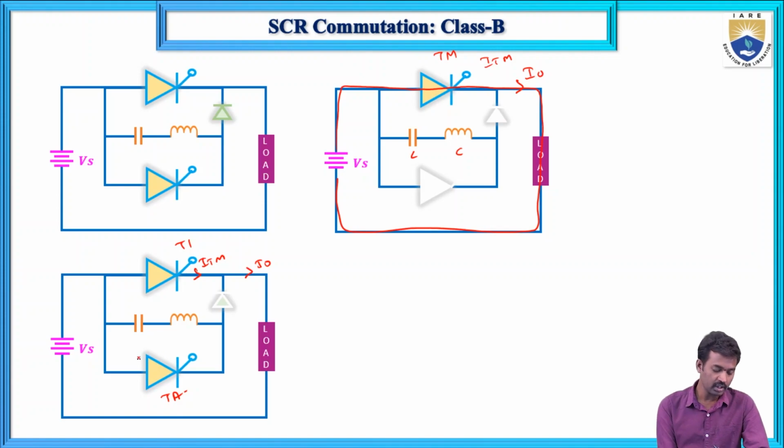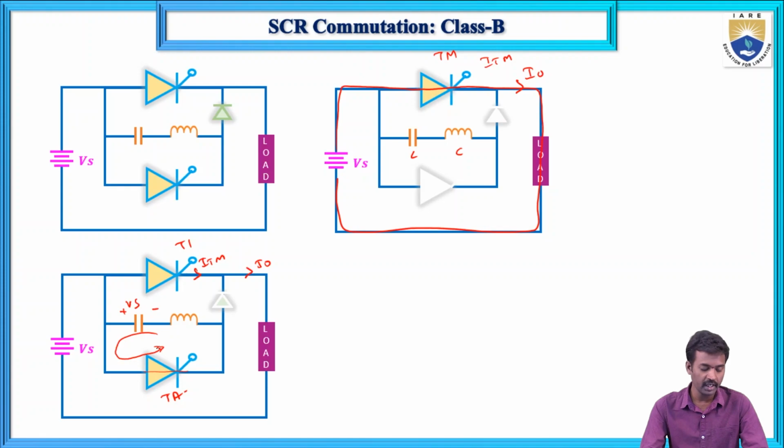Now, turning on this circuit means this acts as a short circuit. Short circuit means here it acts as an LC circuit. This voltage is Vs, plus and minus, so it acts as an LC circuit. An LC circuit is resonating in nature. So we know that in resonating nature, current flows in this direction.